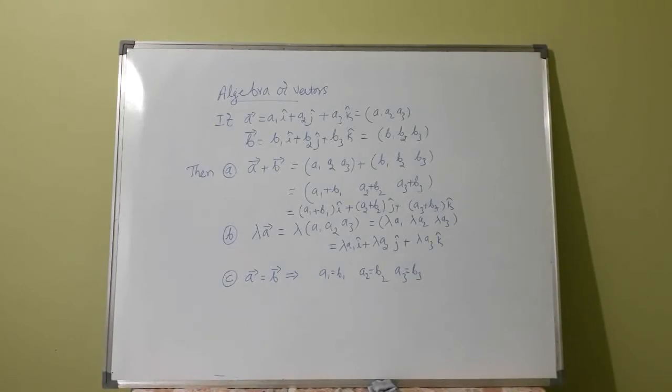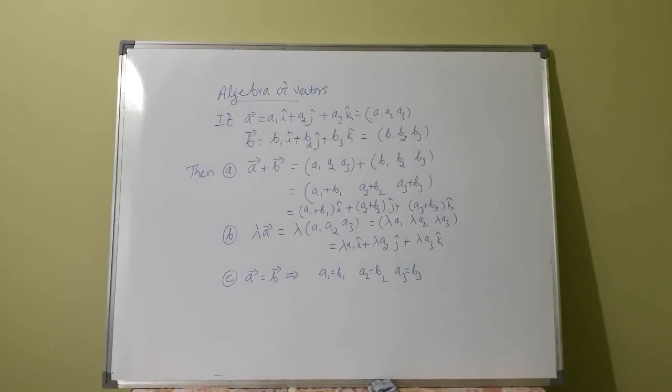Next, algebra of vectors. Suppose A is a1i plus a2j plus a3k, or (a1, a2, a3). B is b1i plus b2j plus b3k. Then A plus B, you can add corresponding components: (a1 plus b1) i, (a2 plus b2) j, (a3 plus b3) k.